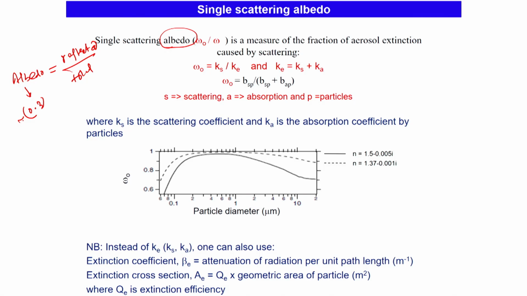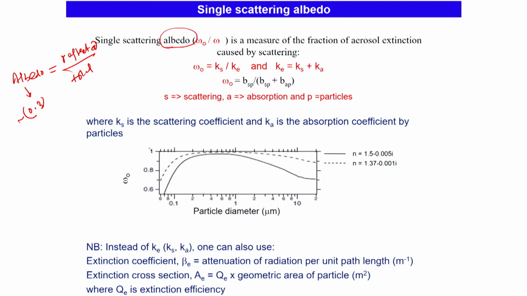So about 30% of the radiation is reflected back to the atmosphere, and only 70% is actually coming in. 30% is reflected back by the clouds and aerosol particles and other things, and then 19% is absorbed in the atmosphere, so the albedo is about 30%.